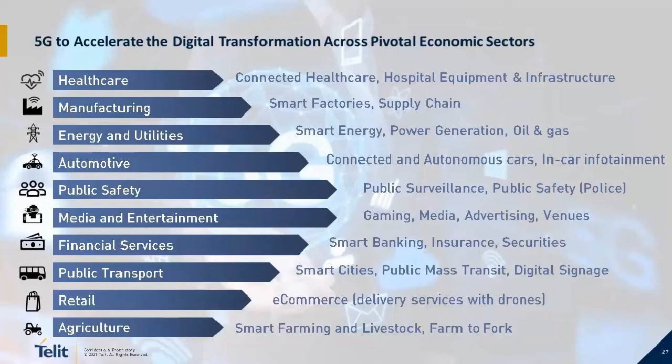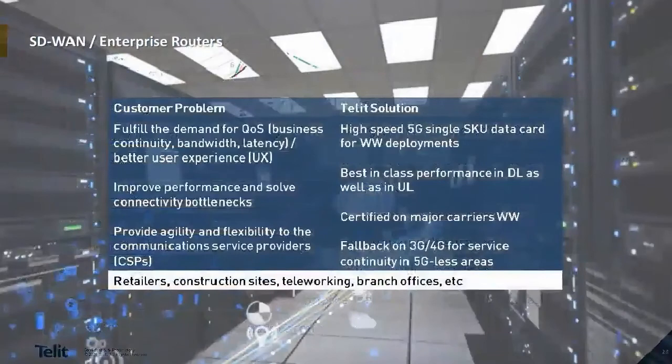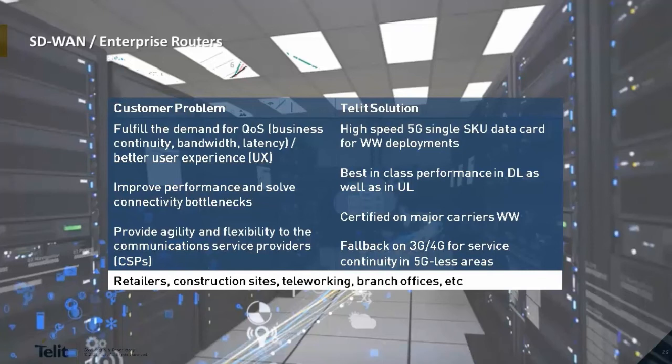So I'm just going to go through real quick some of these examples for you with a little more granularity. But we are seeing, in the beginning of 5G, most of the OEMs that are really focusing on doing go-to-market type of products is the SD-WAN enterprise router space. So these OEMs are moving fast and furiously to integrate into their portfolio 5G capabilities, most starting with sub-6, some starting to use low-power millimeter wave, and relatively few that are starting to build prototypes of high-power millimeter wave.